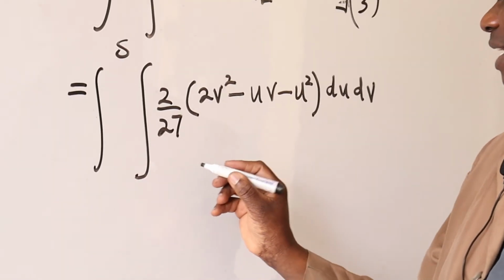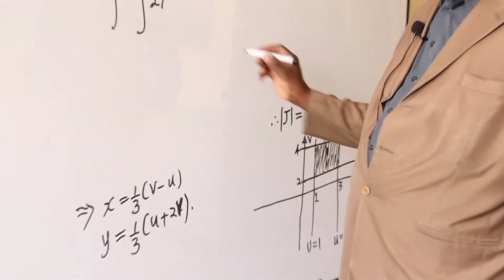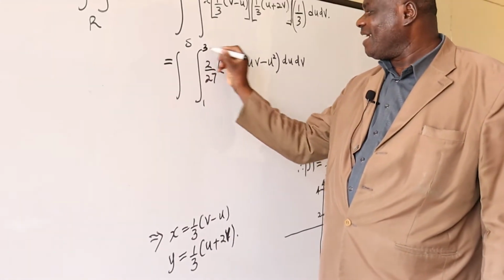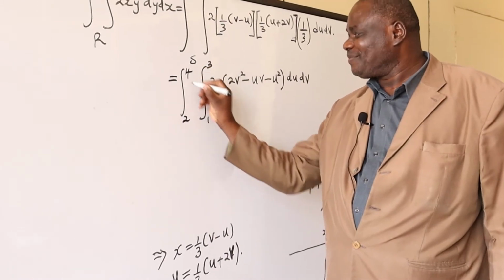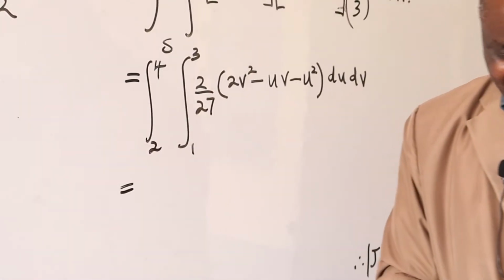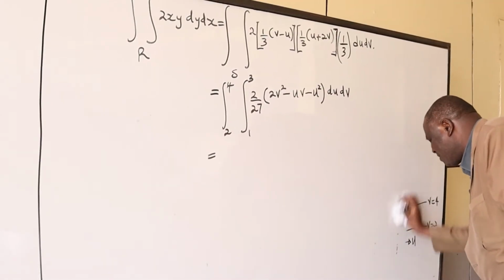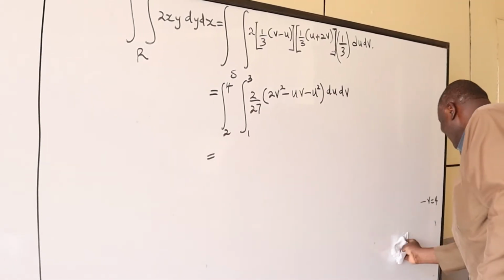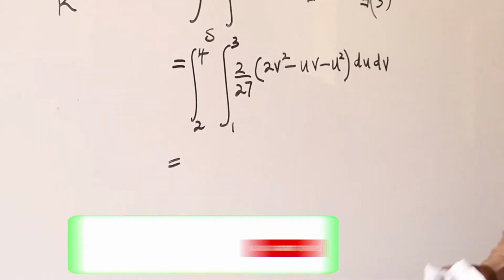So our u changes from 1 to 3, and our v changes from 2 to 4. Now when we evaluate this, we integrate first with respect to u, and then later with respect to v.